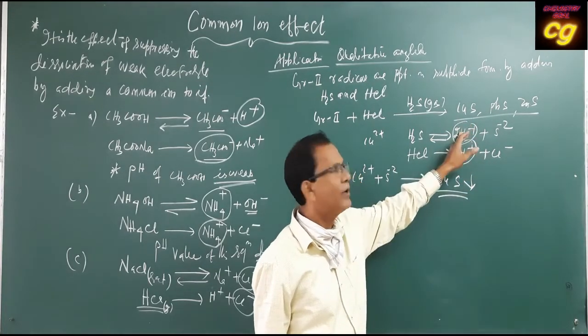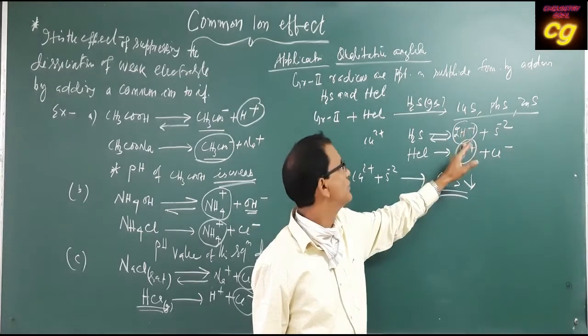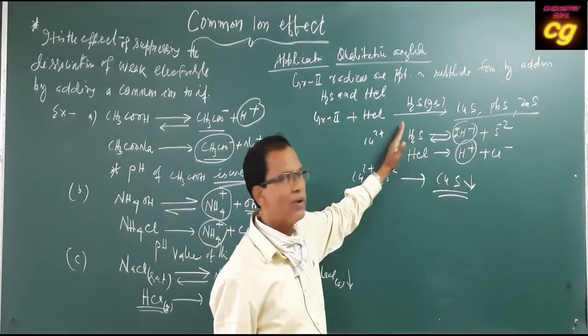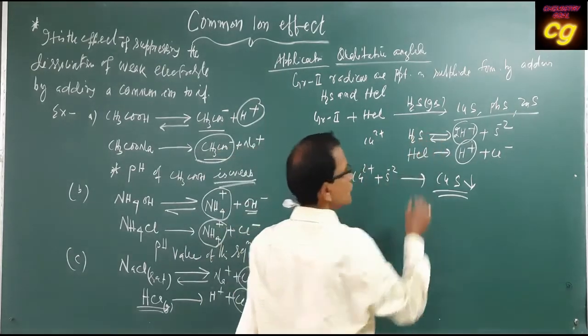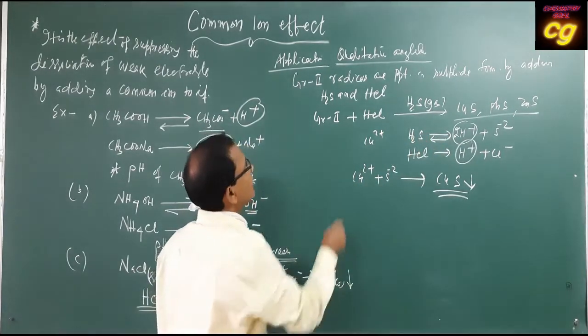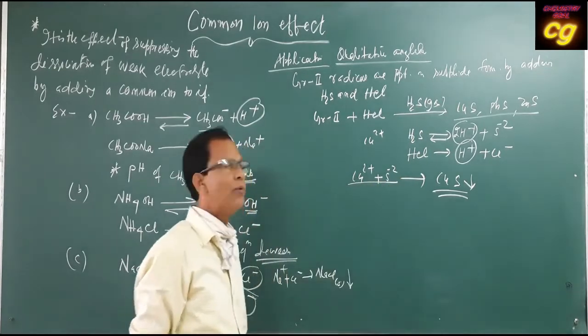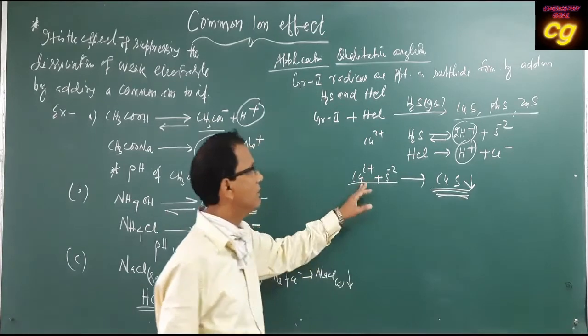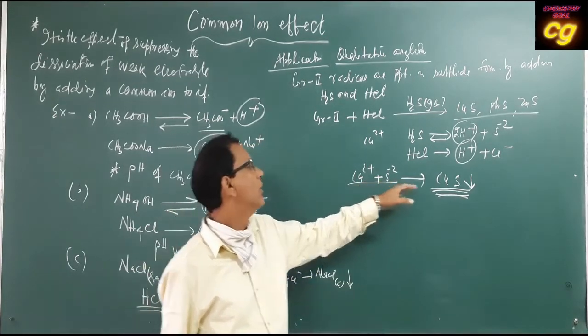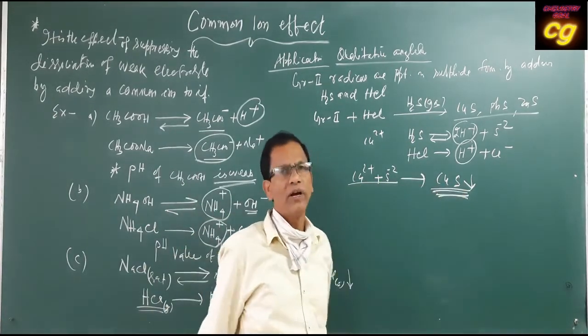As it is an equilibrium, according to Le Chatelier's rule, the equilibrium shifts towards the backward direction, forming H2S. That means dissociation of H2S is suppressed, so copper ion combines with sulfide, forming precipitate copper sulfide.